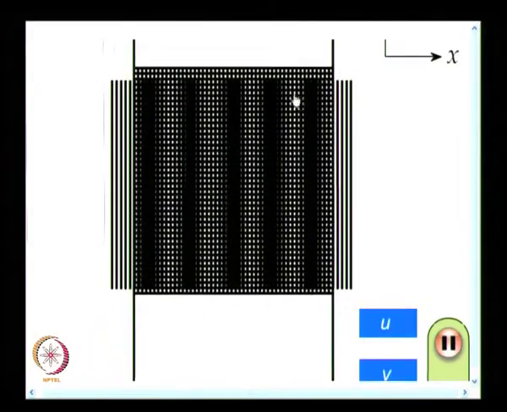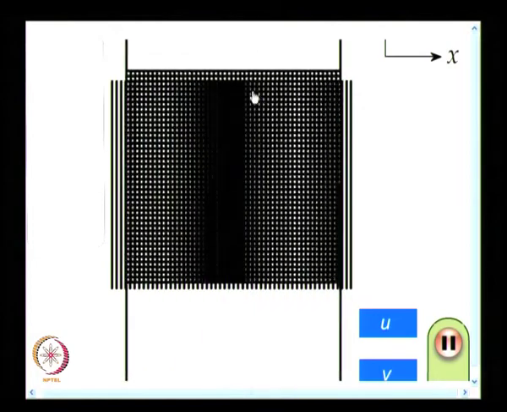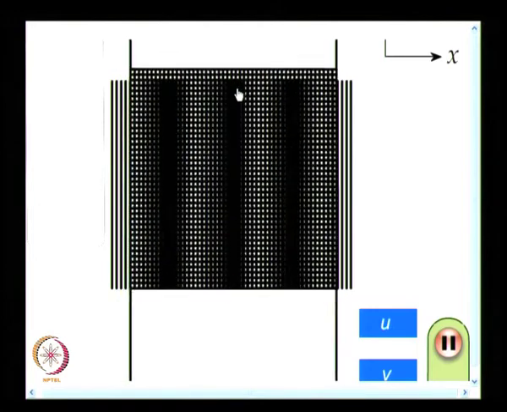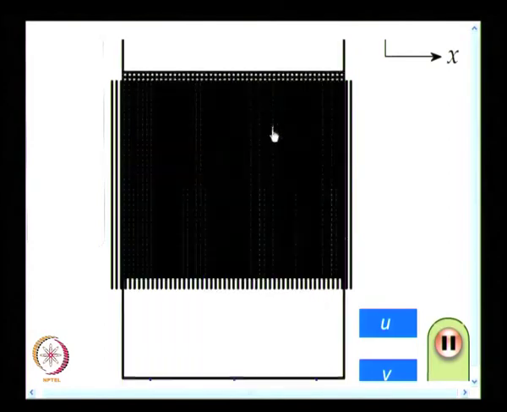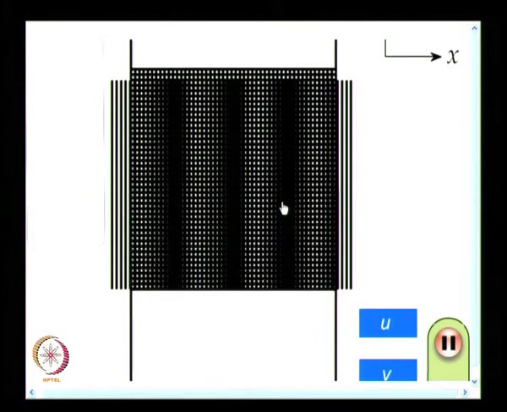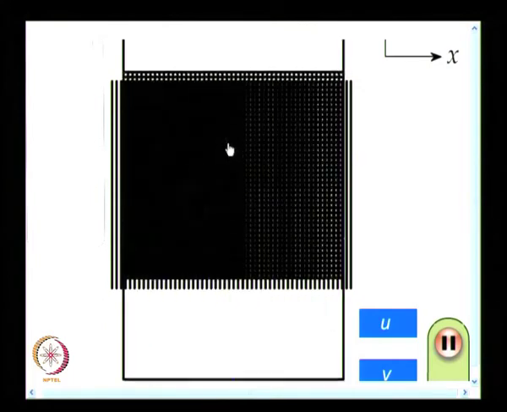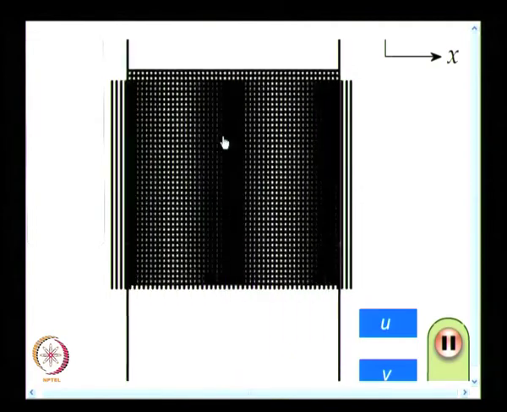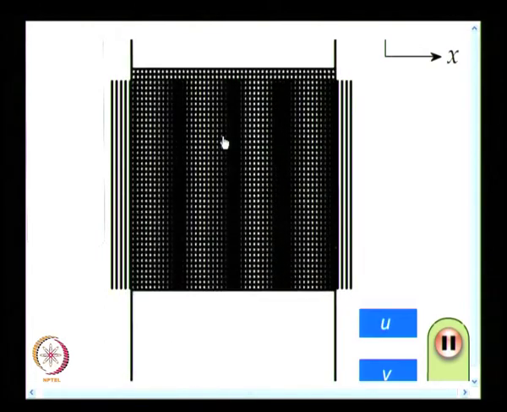And all these contours, when you look at, they all have special names. We have seen in photoelasticity isochromatics, we have seen isoclinics, and in Moiré these contours are called as isothetics. U displacement isothetics, V displacement isothetics, R displacement isothetics, theta displacement isothetics, all those terminologies you will come across.